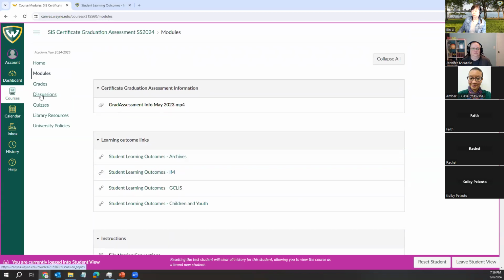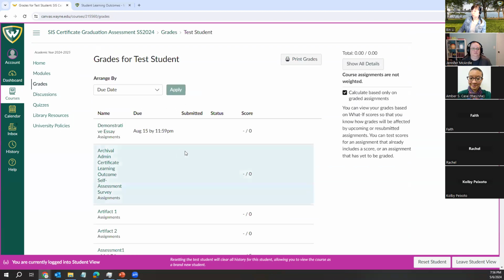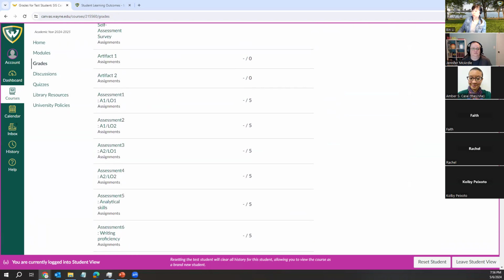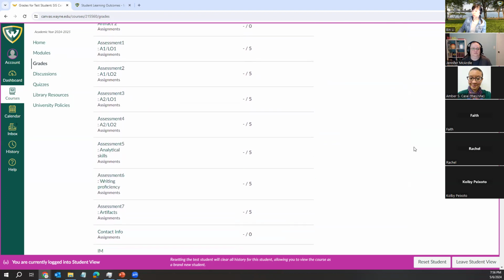And then grades. Those are the places you see your points. Assessment 1, assessment 2, there are 7 columns and 5 points each. So if you get 21 or above, you pass this requirement.